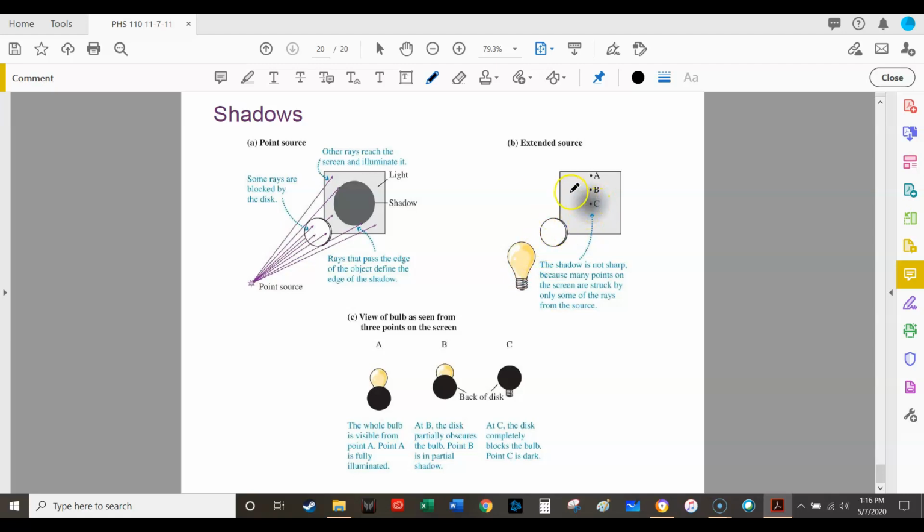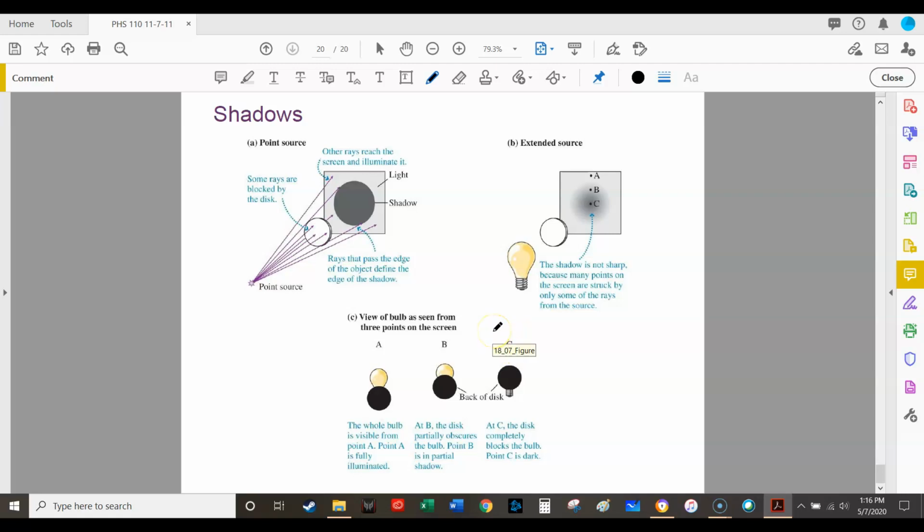If you bring it further away, that shadow is going to get closer. The closer you bring this opaque object to the screen that you're trying to view the shadow on, the closer the shadow will be to the actual size of the object, right?